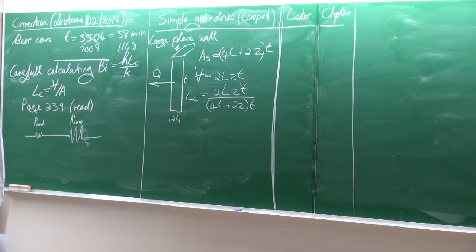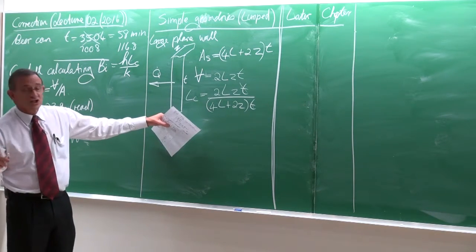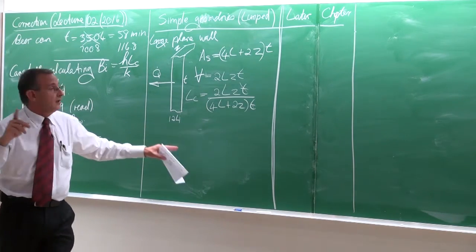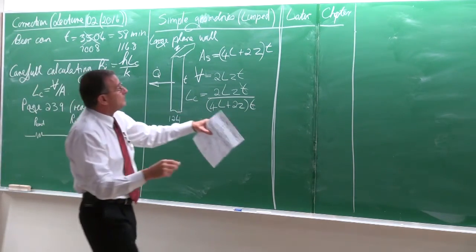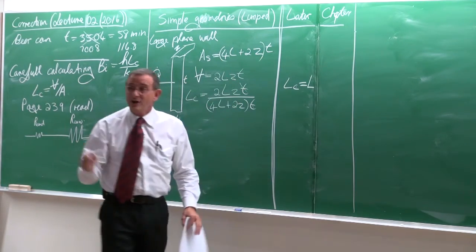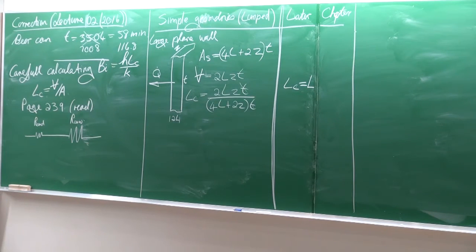However, this is the thing that you have to be careful for when we get to these applications: with the definition of the Biot number, the characteristic length would by definition be equal to L. It's not that value.